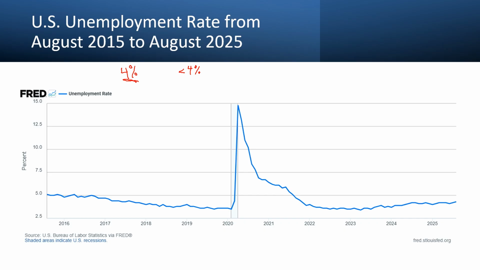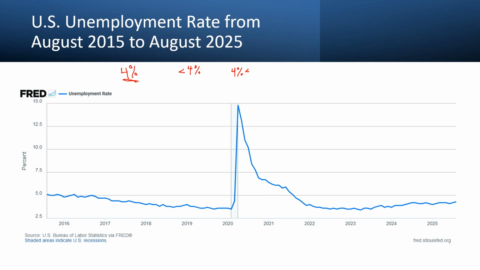If it's greater than 4%, then you have the problem where you might have increased crime, increased inequality, lost output, maybe a decrease in GDP. But 4% is usually the target that the Federal Reserve and policymakers try to aim for.